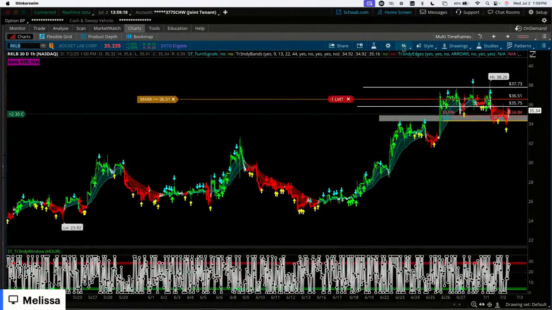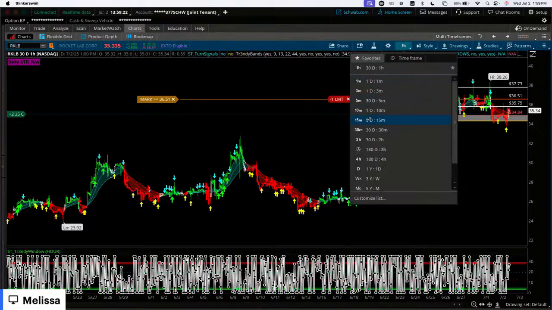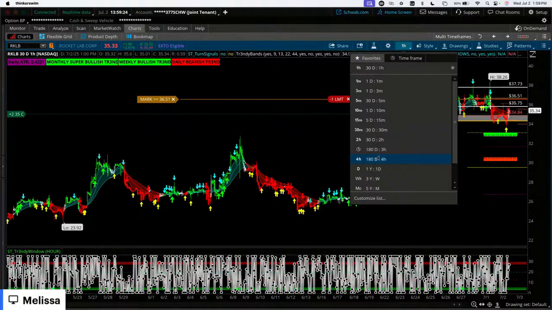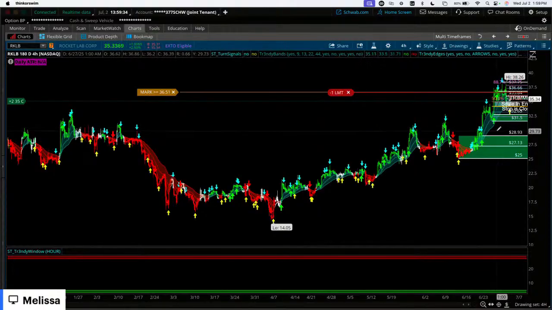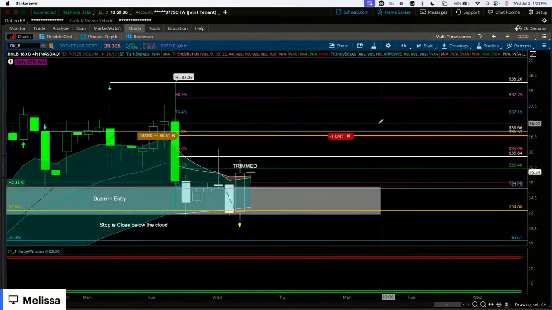And then my ultimate target is almost always going to be supply zones.